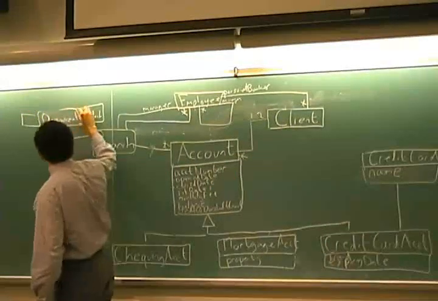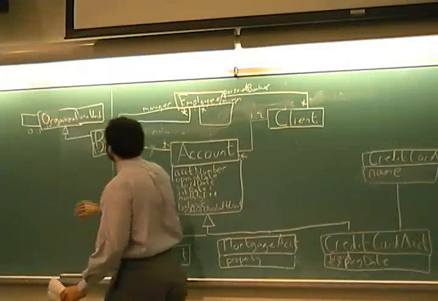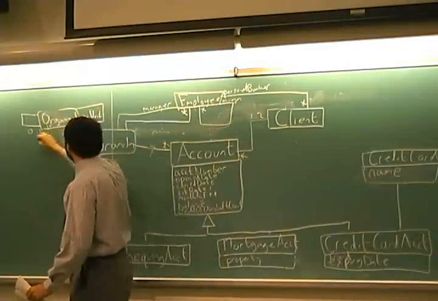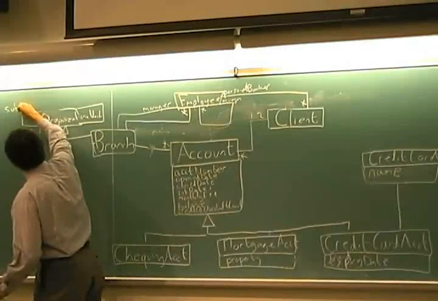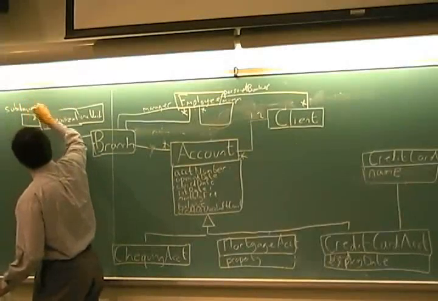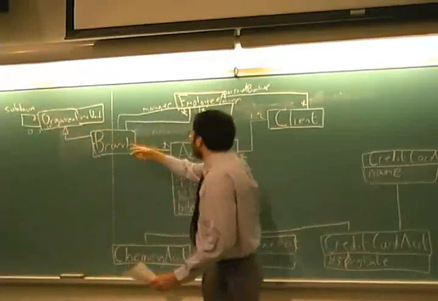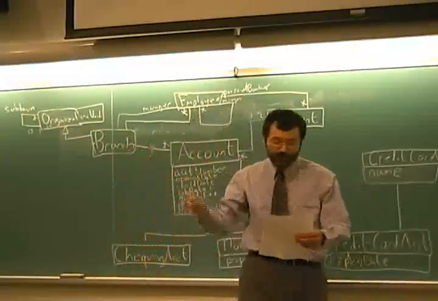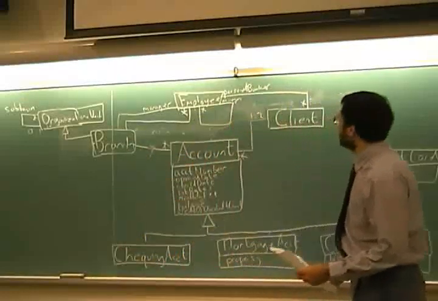So I can say that an organizational unit may or may not have some unit that it is a subdivision of, and an organizational unit may have a number of subdivisions. Some of these organizational units happen to be branches. That is a much more flexible approach to things, I think, than the other approach.